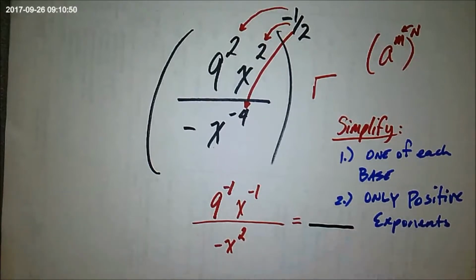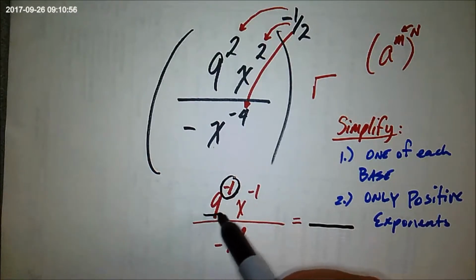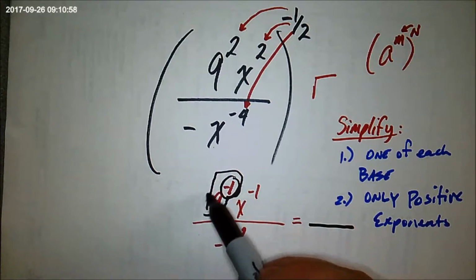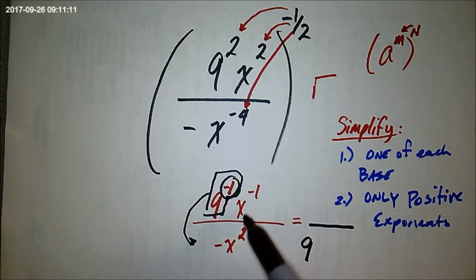Here's what we're going to do. Oh man, you see this negative exponent of 1 right here? That means this entire number is going to be division. So it's just going to be 9 in the denominator. Yeah? Here's the tricky part though.